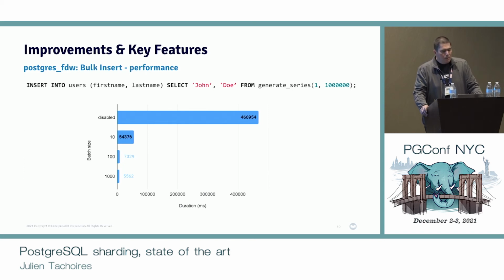When we set the batch size to 10, we can see that the execution time is now 54 seconds. And when we set the batch size to 100, the execution time is 7.3 seconds.